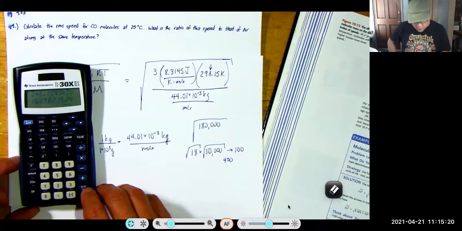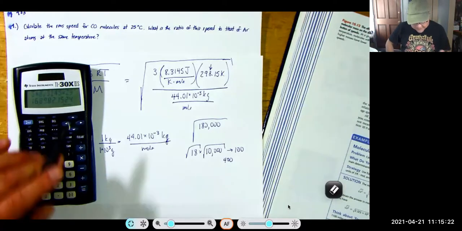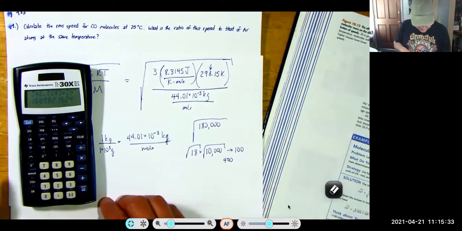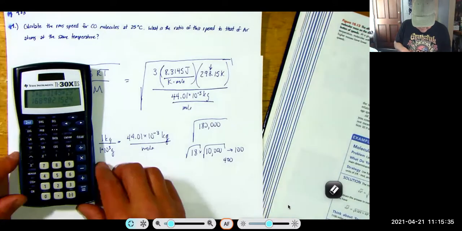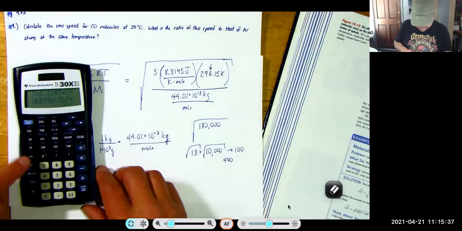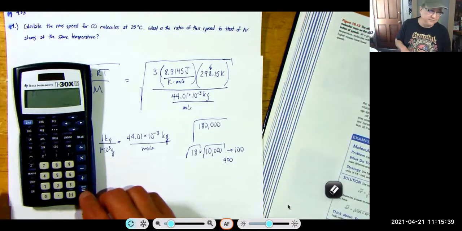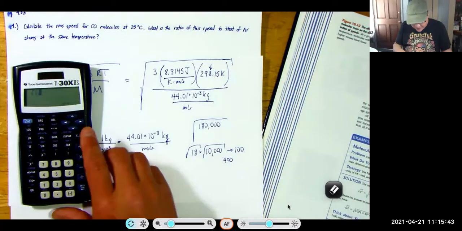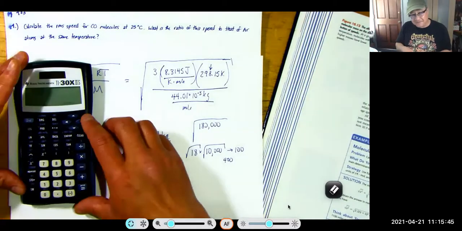Okay, so when I multiply all that stuff on the inside, I get 168,982, and we guessed 180,000, which I say is not bad. And now I'm going to take the square root of that. Oh, my calculator doesn't do that. So here's what you have to do with my calculator.